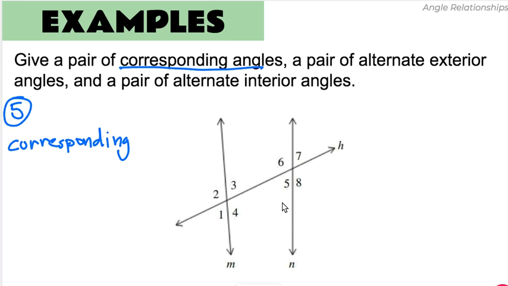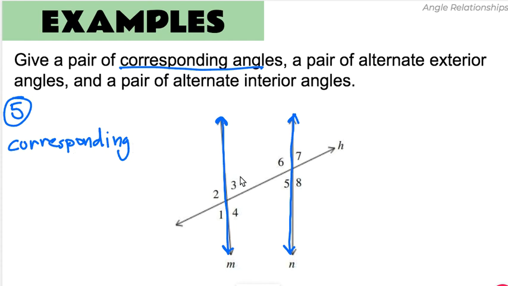Now, it is kind of hard to tell if we have a parallel situation here. It doesn't really look parallel to me, but because it's being asked for corresponding, I'm just going to assume that these two lines are parallel. They don't look like it to me. You're probably questioning that too. But you wouldn't be asked for corresponding angles, usually if they weren't giving you something that was parallel.